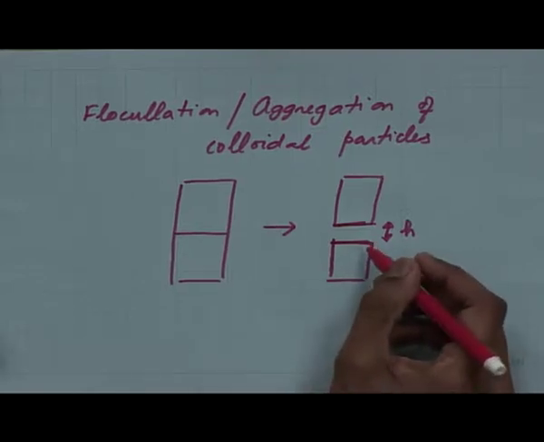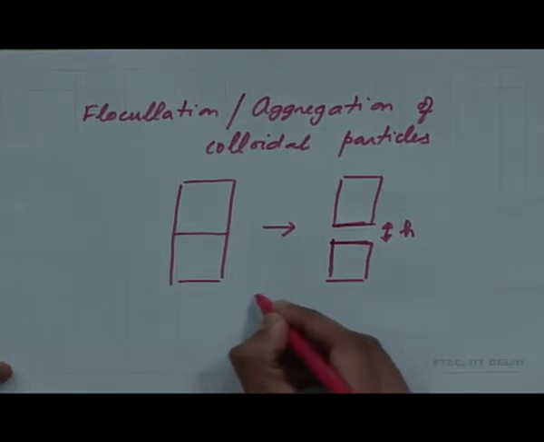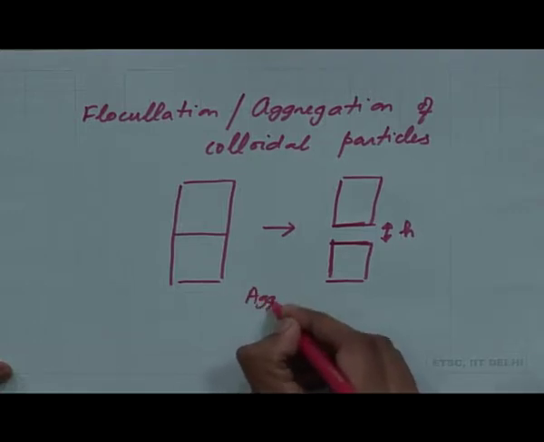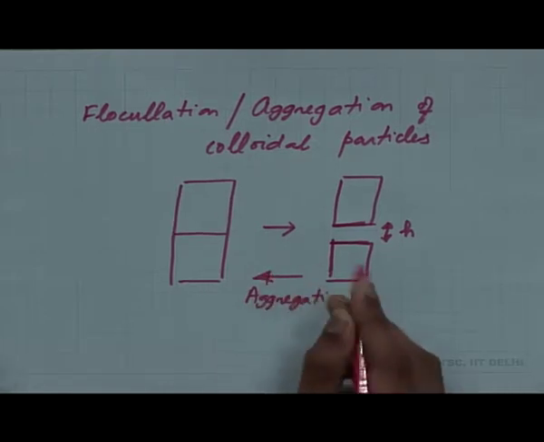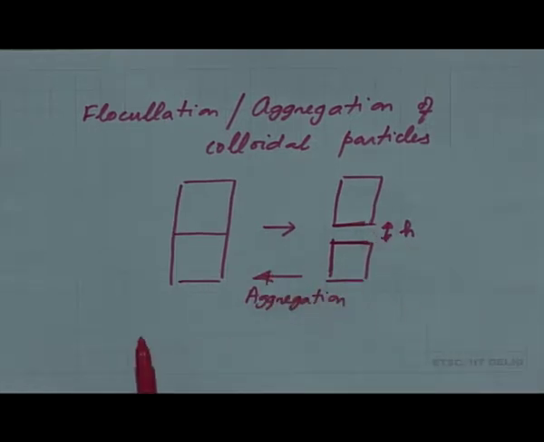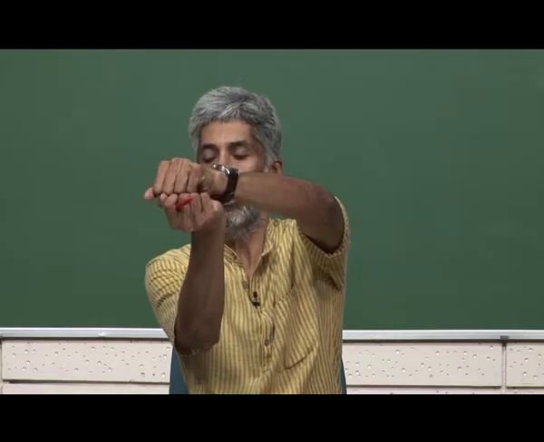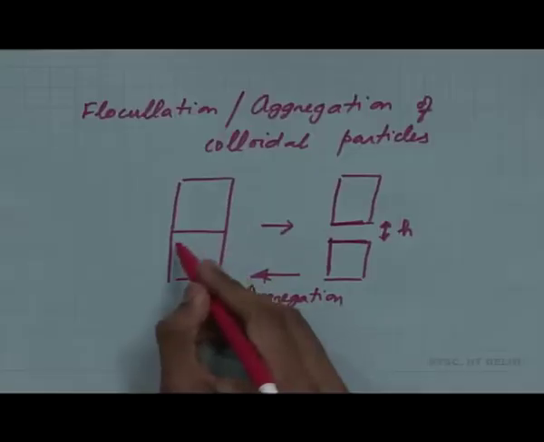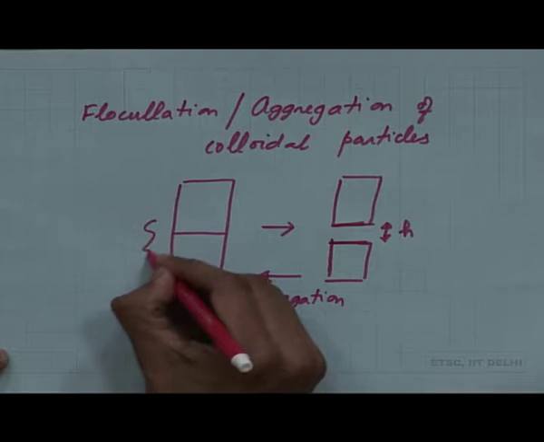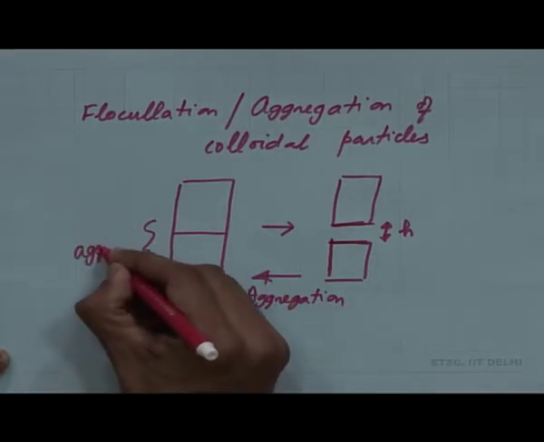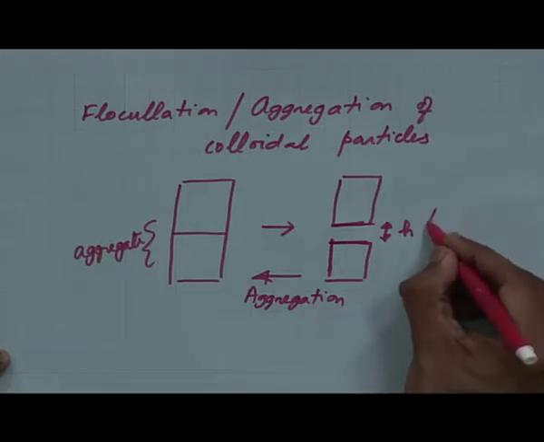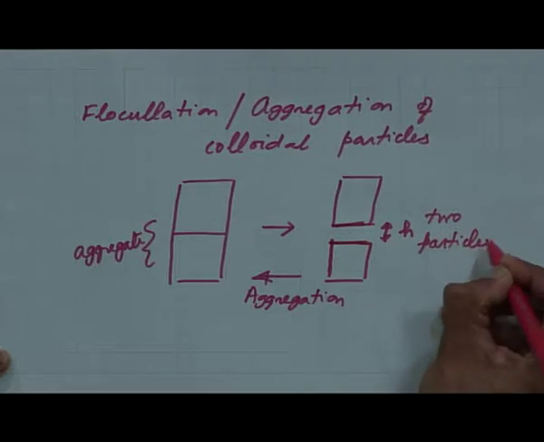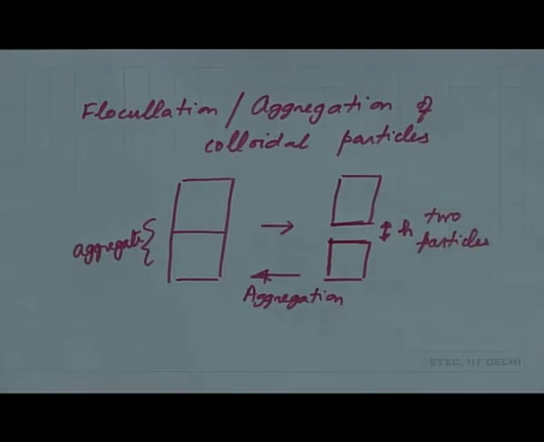Flocculation or aggregation is the reverse of this process, where two colloidal particles come together and form an aggregate. You could think of this as an aggregate particle and this as two particles.